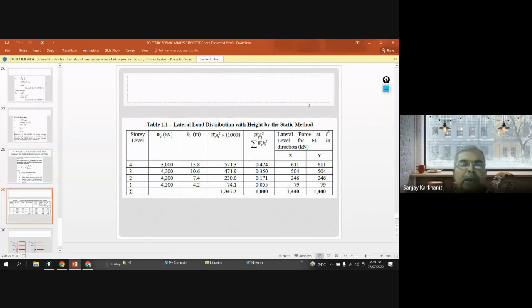And then we'll compare the outcome generated by dynamic analysis with this static analysis, and further try to understand the concept of why the equivalent static load method should be applied, why dynamic analysis should be carried out, and when they show you different responses, how you can take advantage of both so that your building will be safer.